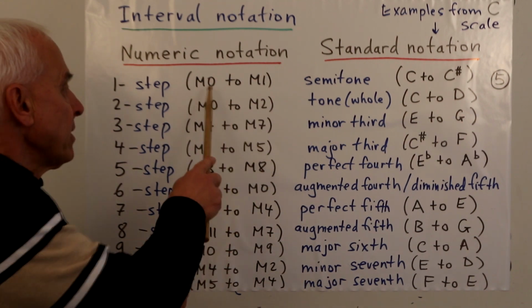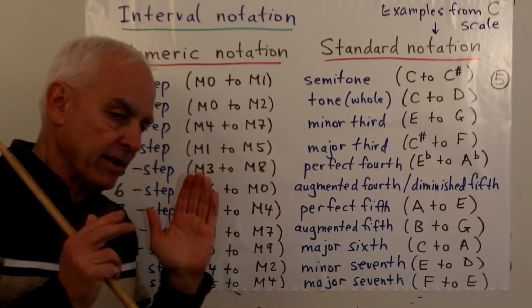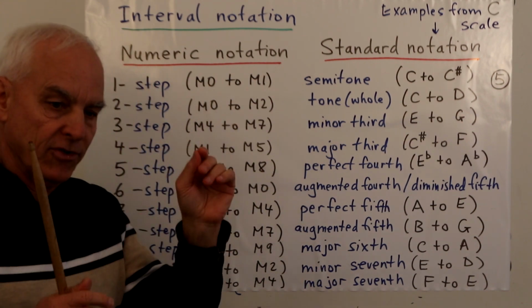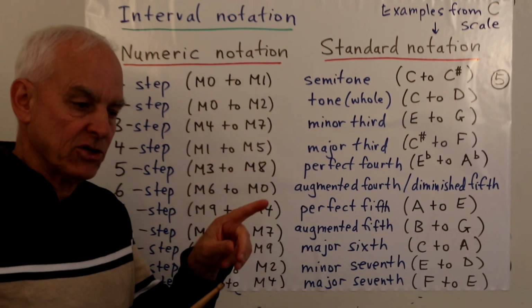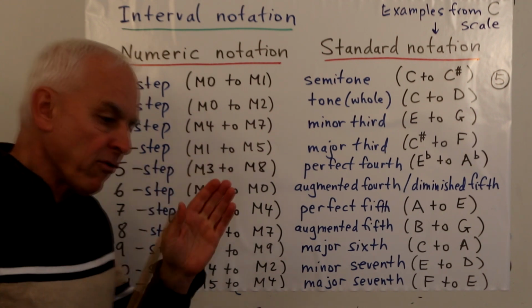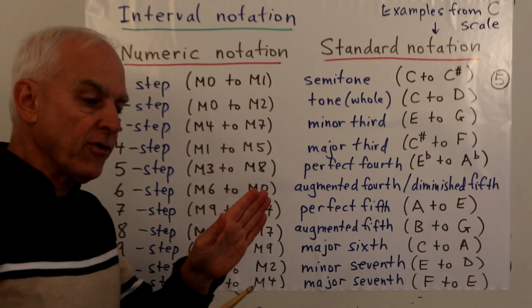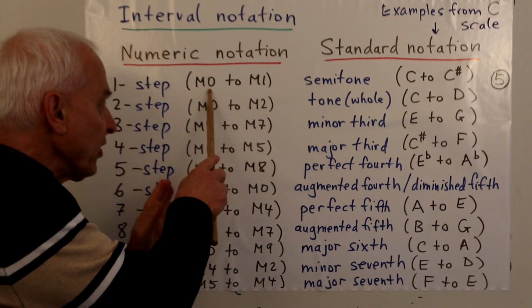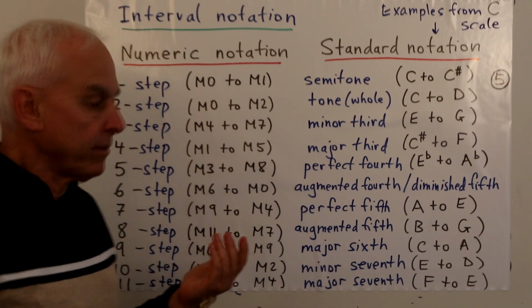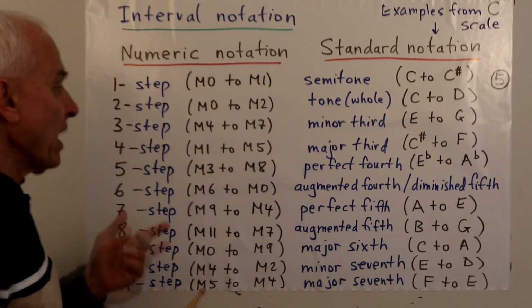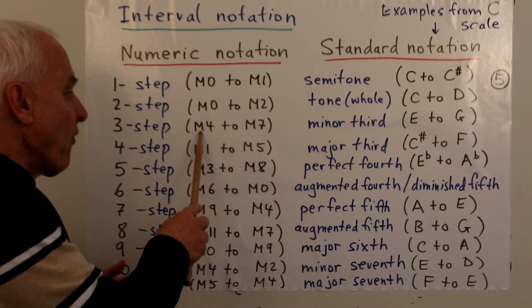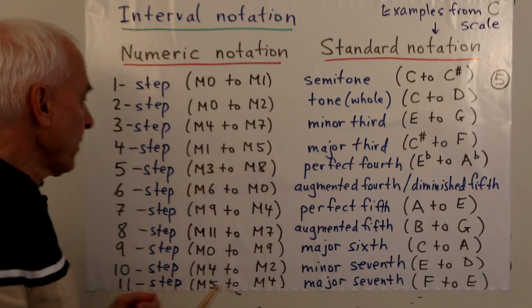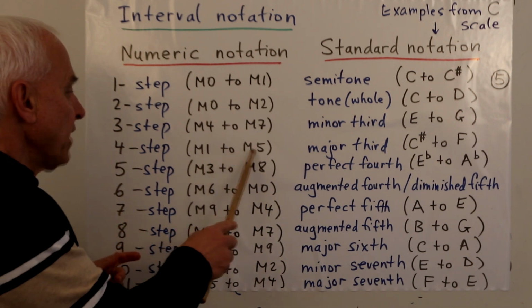The note M0, that's alerting us to the fact that this is a note. This is M0, it's note number 0. Here's note M1, it's the very next note. So whatever our reference tonic note is, that's M0, going from M0 to M1, that's a step of 1. And an example of a 2-step would be going M0 to M2. An example of a 3-step is M4 to M7. 4-step M1 to M5.